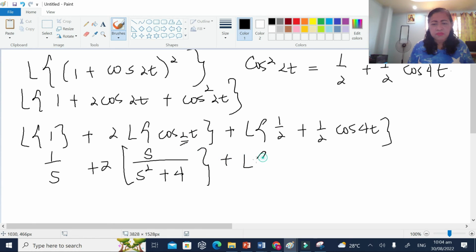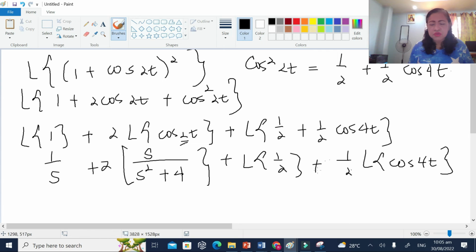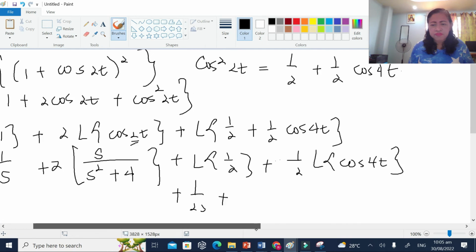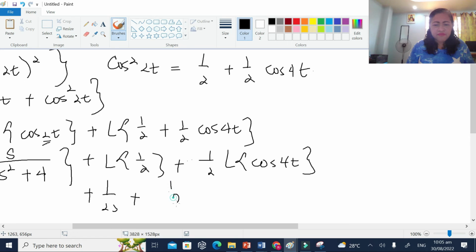Plus, by the linearity property, 1/2 plus 1/2 Laplace of cosine of 4t. So this will be 1 over 2s plus 1/2 times s over s squared plus 16.